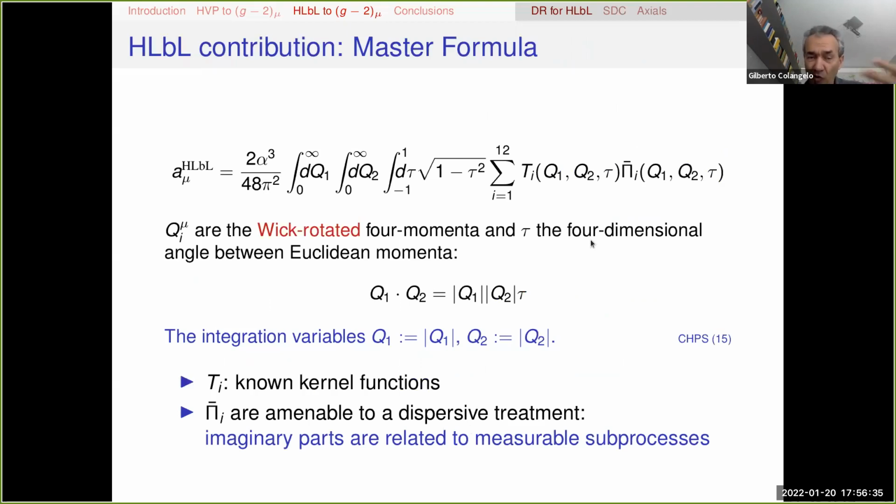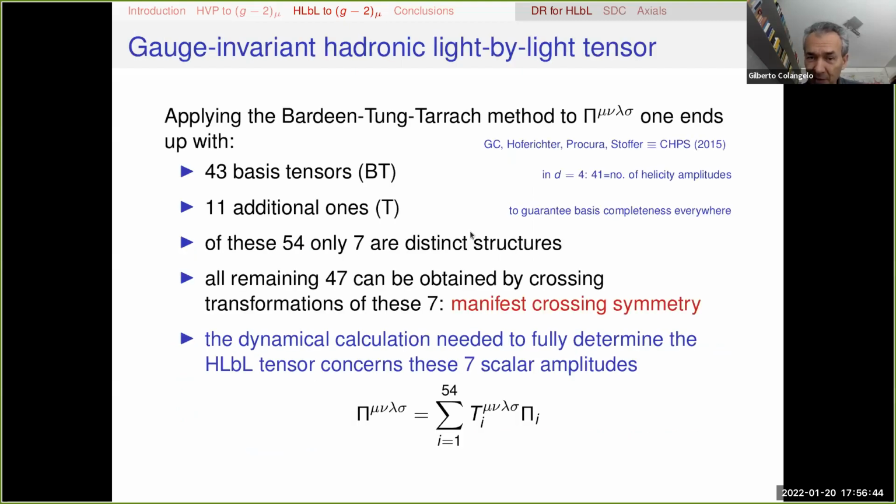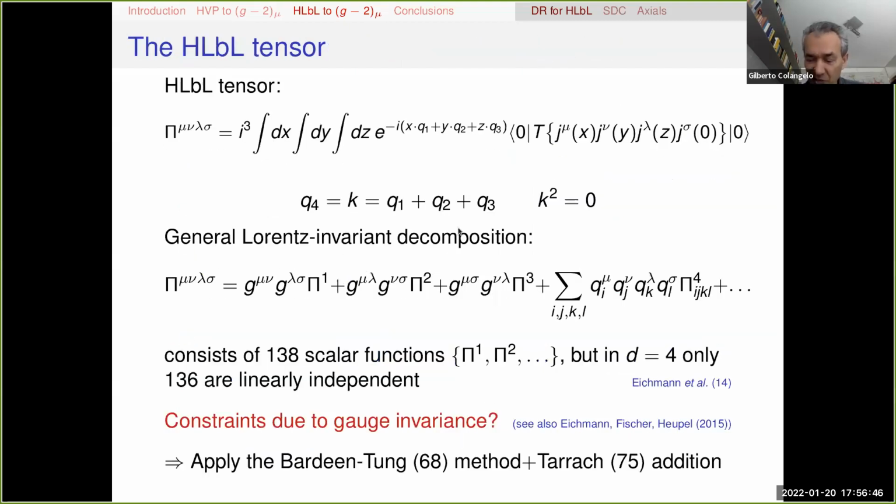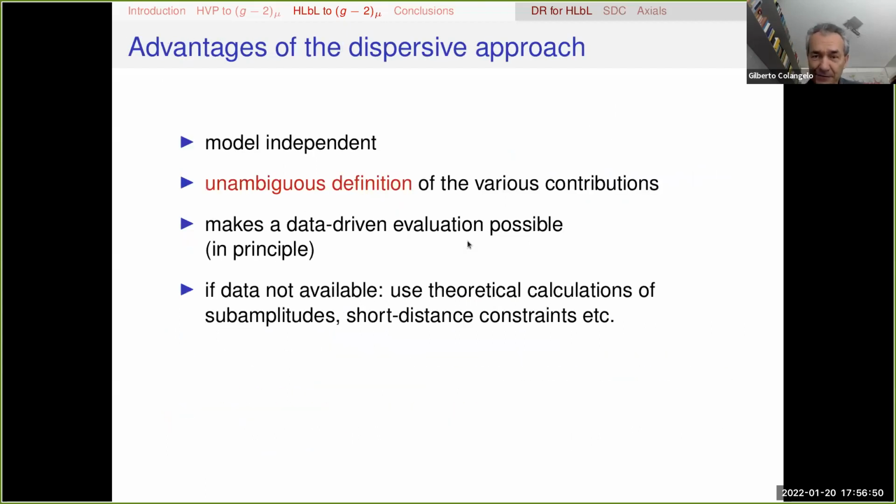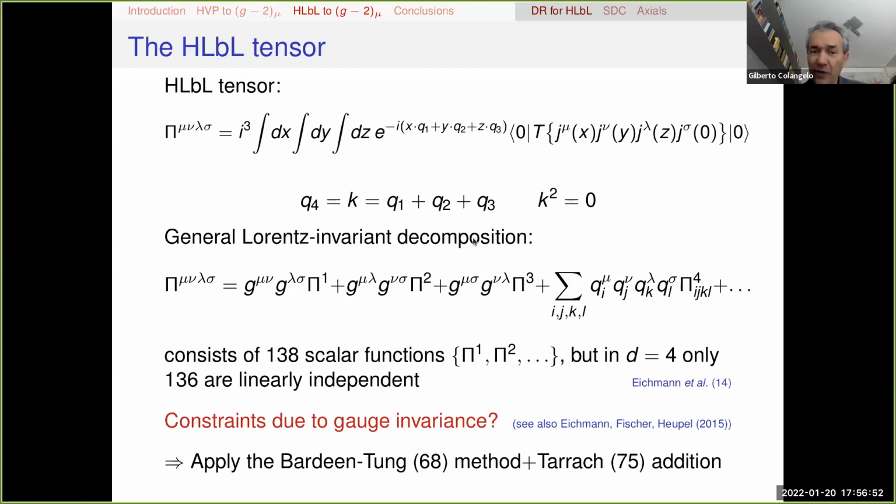Now you can try and do the 2-loop integral, which is shown here, with the tensor structures you have written. And part of these integrals you can evaluate.